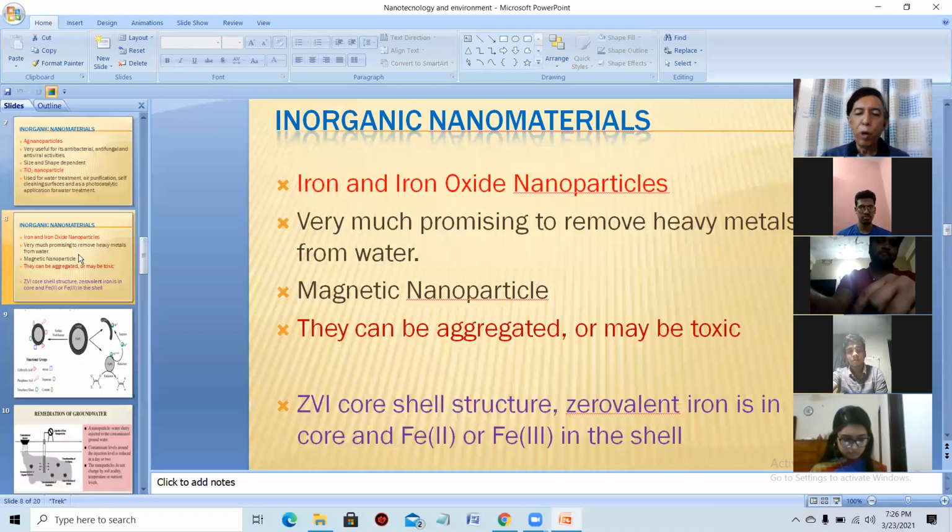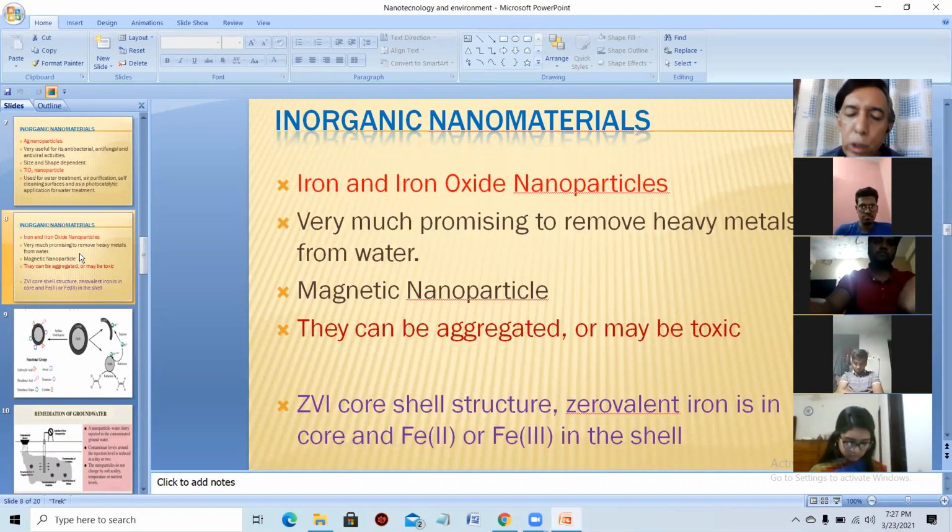The most important inorganic nanomaterial is iron and iron oxide nanoparticle. It is a very promising nanomaterial to remove heavy metals from water. Why? Because iron has magnetic properties.